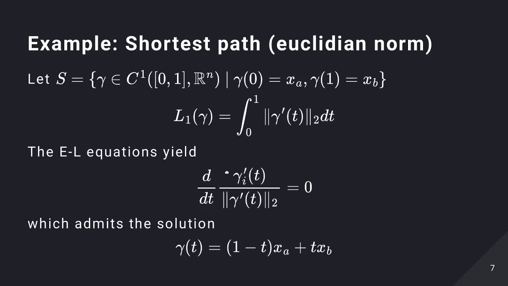And if the derivative of your curve is a constant, that must mean it's a linear function. If you then use the boundary conditions, you can find the following curve, which is just the linear interpolation between xa and xb.